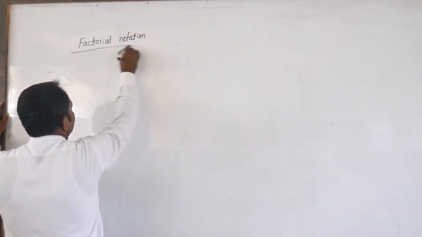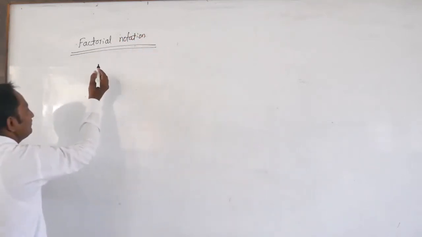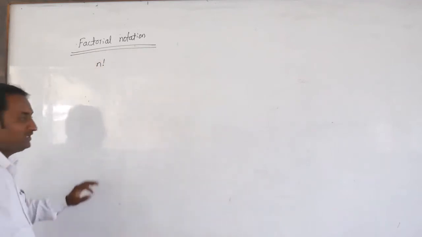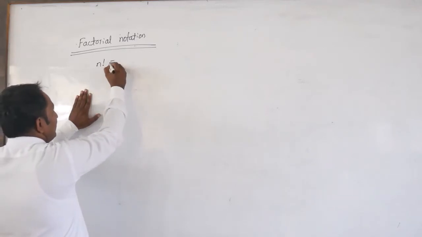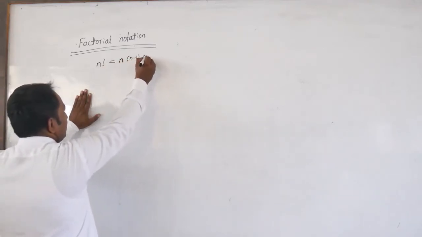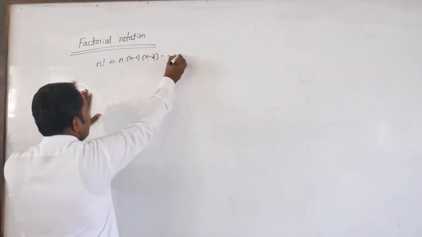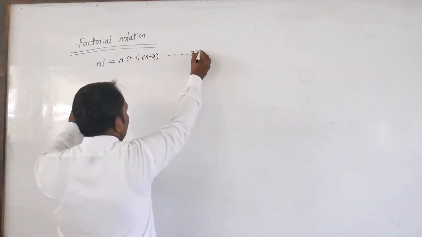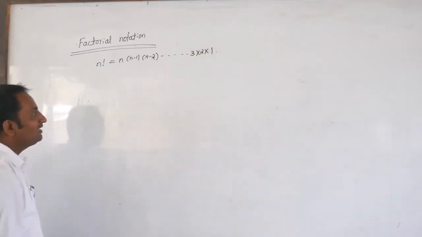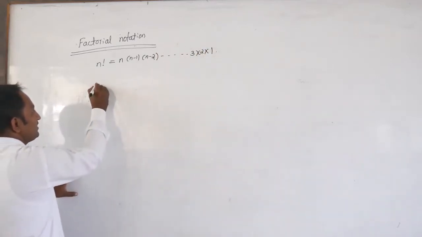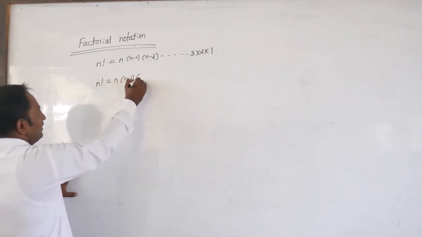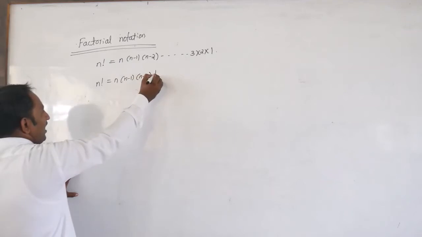Consider n factorial. n factorial can be written as n, n minus 1, n minus 2, and so on up to 3, 2, 1. This is also written as n factorial equals n times (n minus 1) factorial, and also n times (n minus 1) times (n minus 2) factorial.